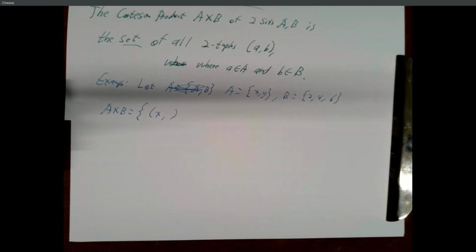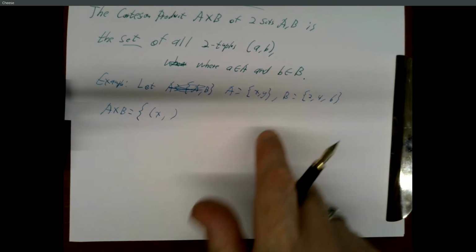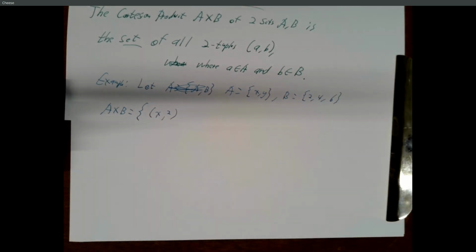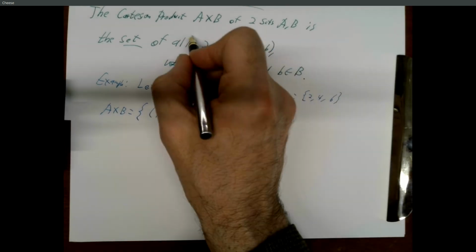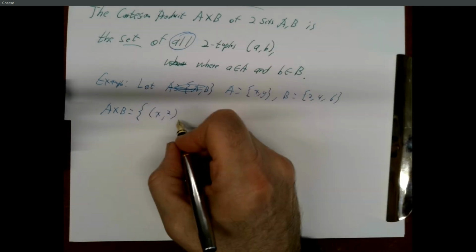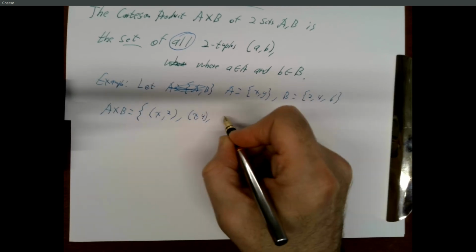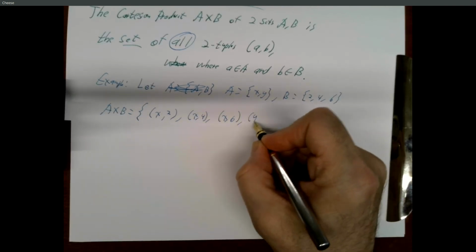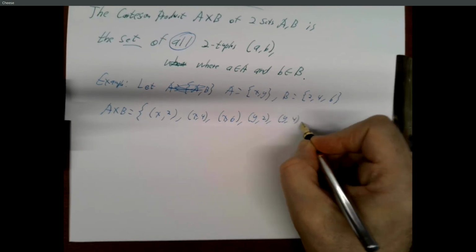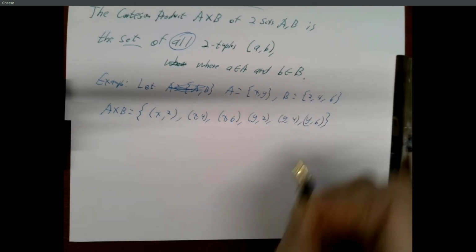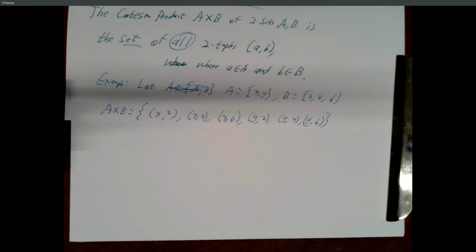So for example, it could be the element x, and the second part of the pair comes from the second set, for example, 2. And it's the set of all such two-tuples. So it could be (x, 2), (x, 4), (x, 6), (y, 2), (y, 4), and (y, 6). All right, so A cross B, the Cartesian product of A and B in this case, is a new set containing 6 elements. And each of those elements is an ordered pair. The first part of that pair comes from A, the second part comes from B.